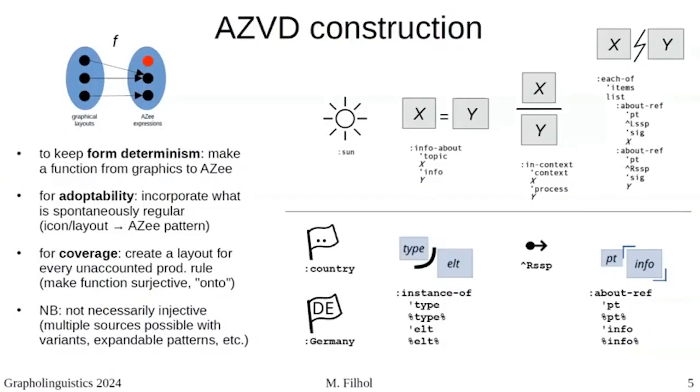How did we, from these two basics, build AZVD? Keep form determinism, because that felt like it had power. So I'm going to want to build a function from a set of graphical possibilities to AZ, because AZ I know determines the forms.